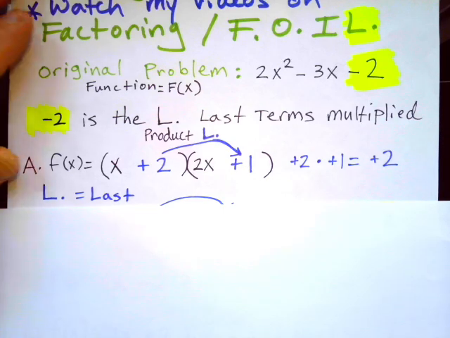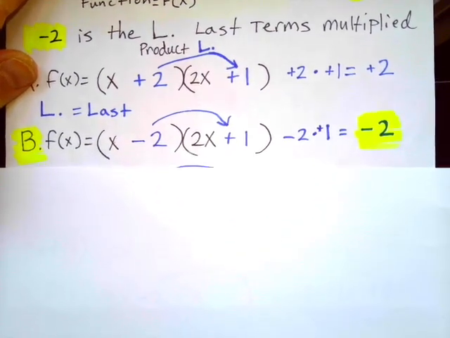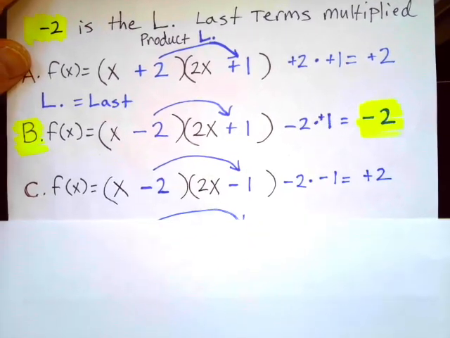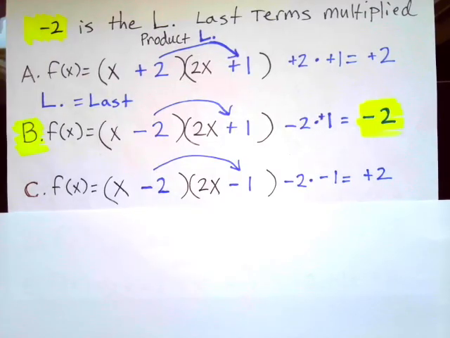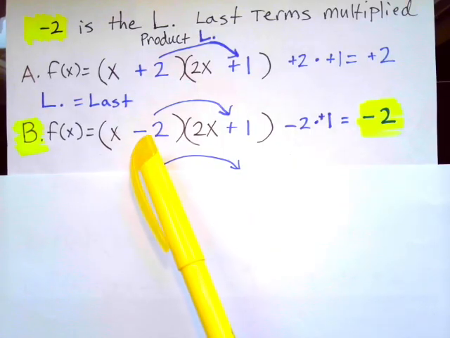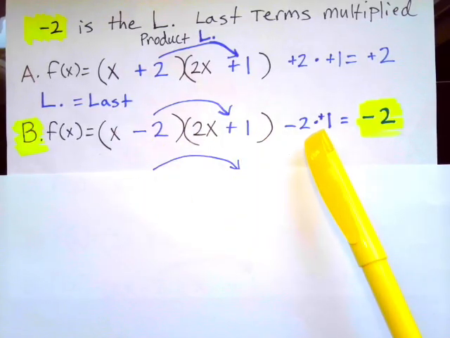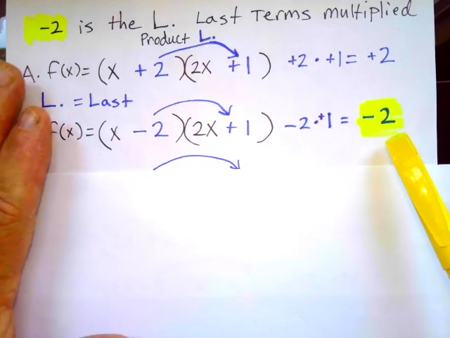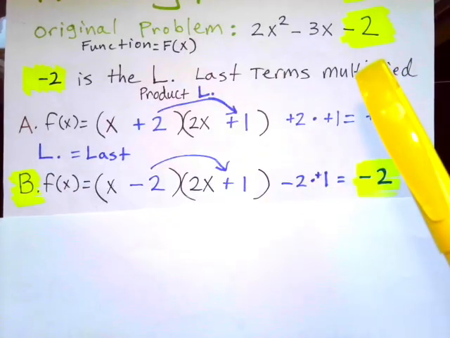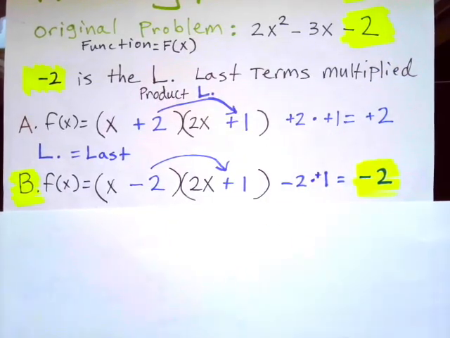So I'll move on to B. Hopefully you can see here that in B, we multiply those last terms. A negative 2 times a positive 1 gives you a negative 2. Is negative 2 the last term in the original expression, which is what we're looking for? Yes. I can stop and answer B, because I know that negative 2 is the correct answer.